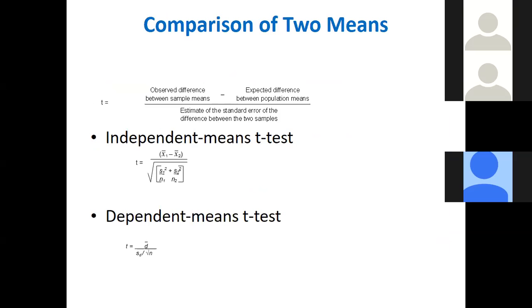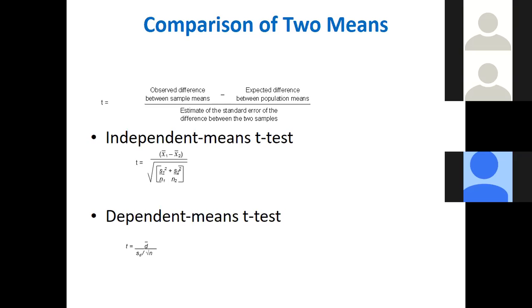Standard error represents the inherent variability in the population. So in the t-test, you look at the difference between the observed and the expected over the standard error. It is looking at systematic variation as the numerator over unsystematic variation.